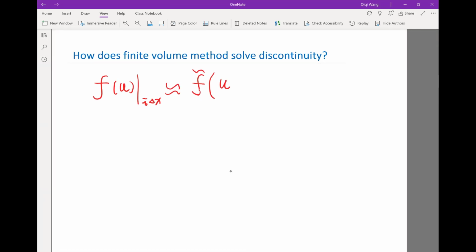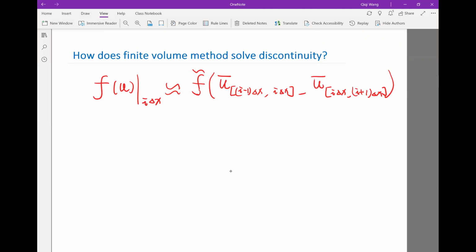Approximate it as a function of u bar, the average between (i minus 1) delta x and i delta x, so that's the left of this interface, and u bar on the right side of the interface, averaging from i delta x to (i plus 1) delta x.